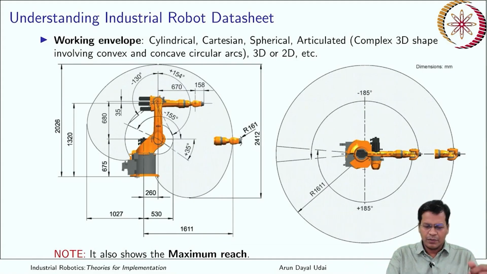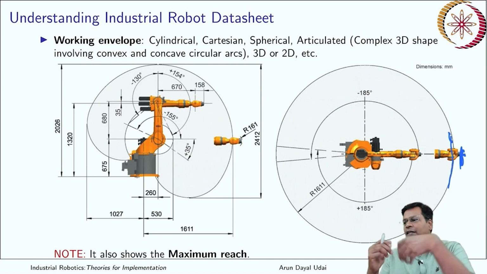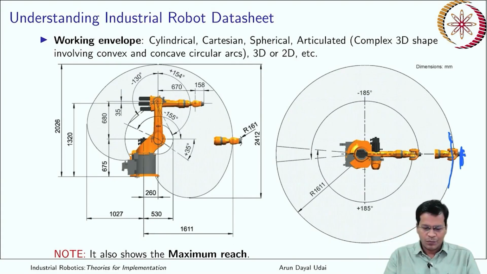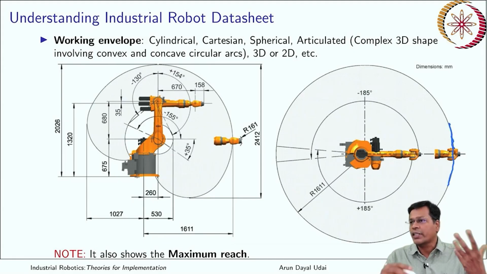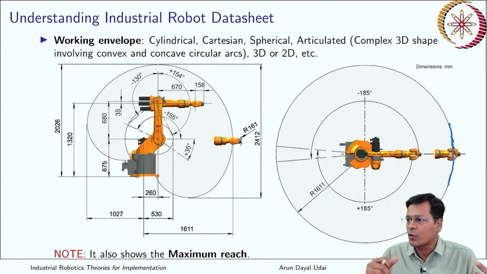That is the reason you see your tip can go till here, but the envelope is only till here. Why? Because if you go here, you cannot orient anyhow you feel like. Got it? That is a very important parameter. All the locations are not included when you say your robot can go till here. You always show till here, because that becomes the working envelope of the robot.